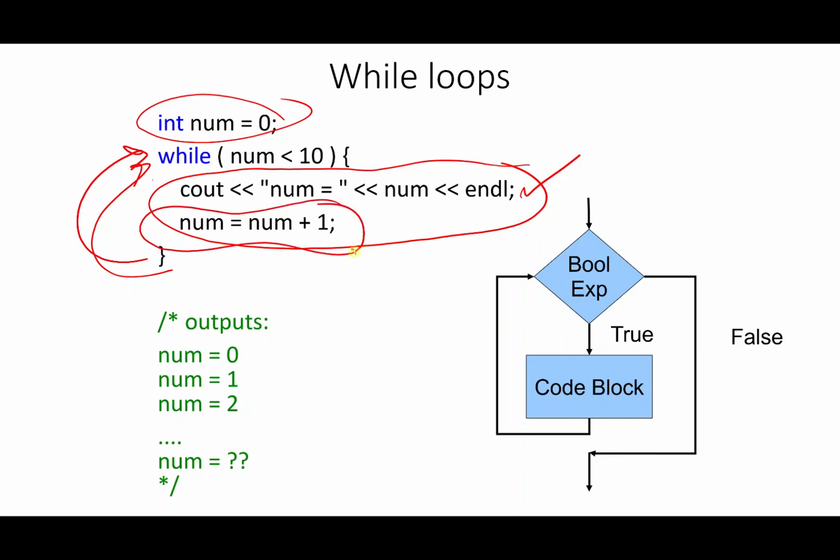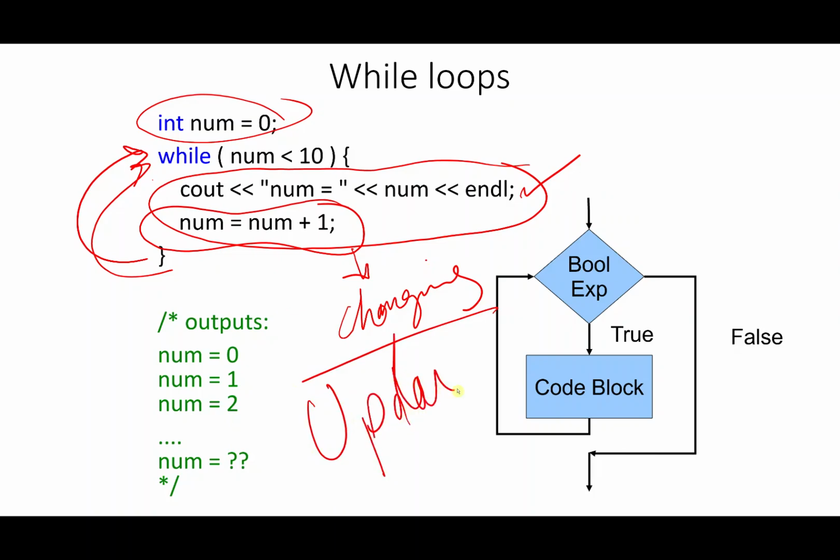This line is changing the condition. We call it the update statement. This updates num. And remember that the Boolean expression is dependent on the value of num. So if num is less than 10, keep doing the code.